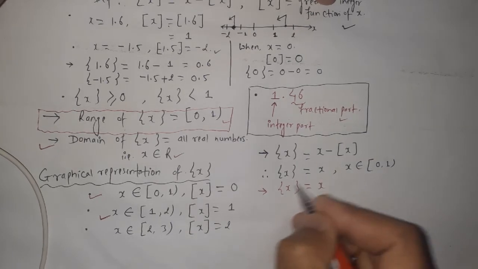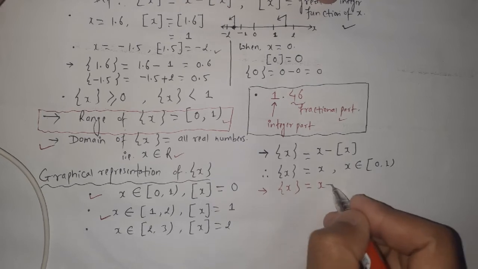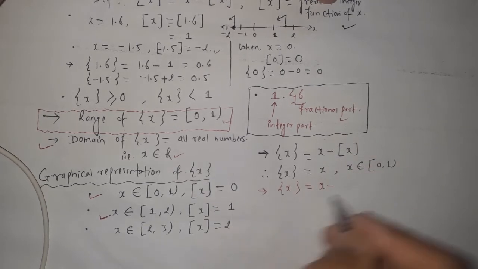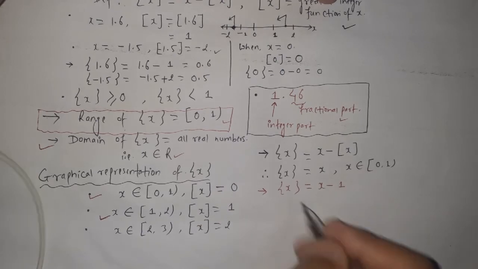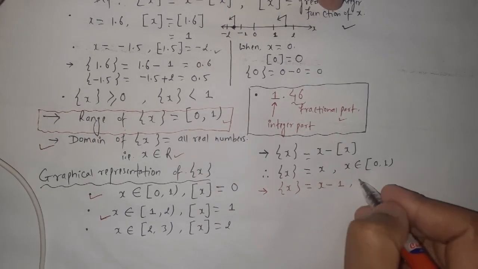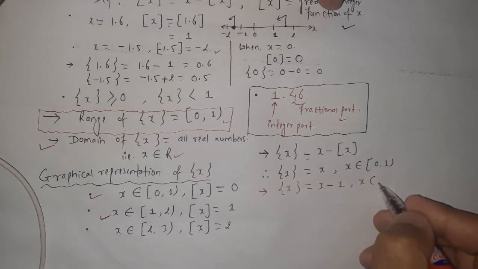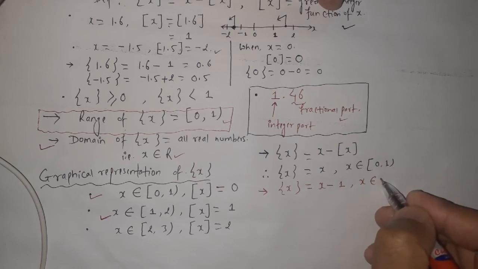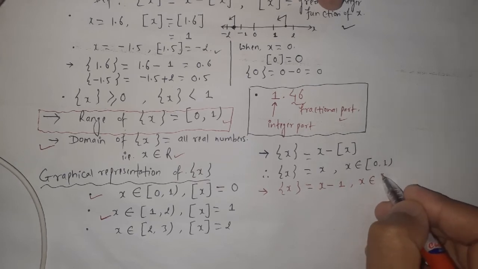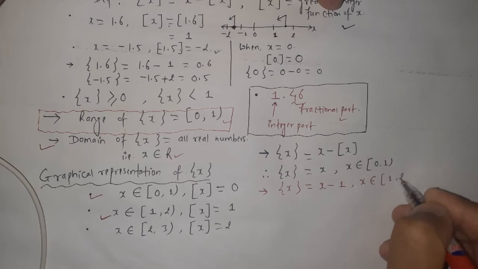So the fractional part function will be x minus 1, and it is valid only when the input belongs to the interval from 1 to less than 2.